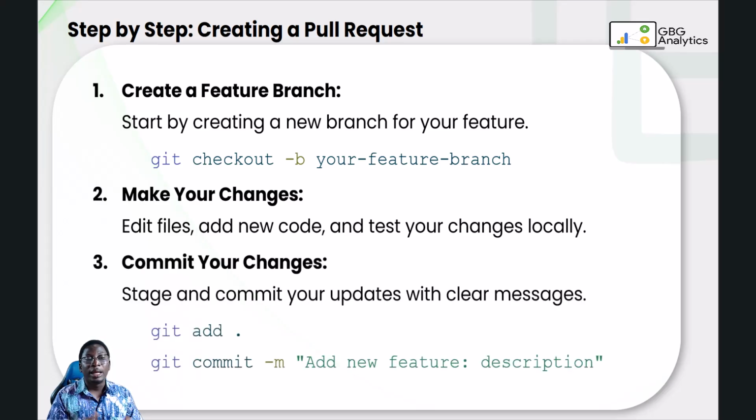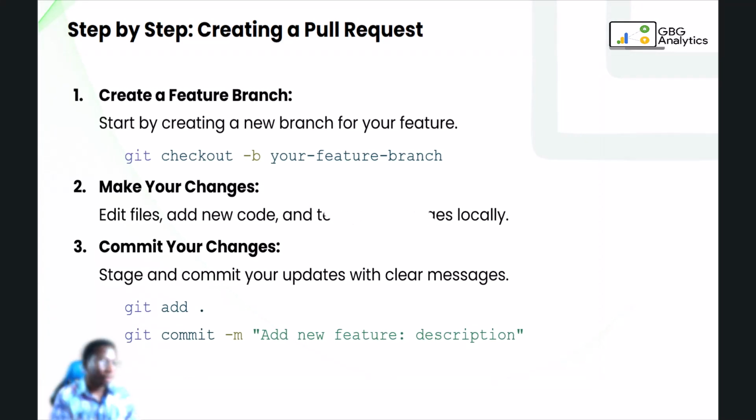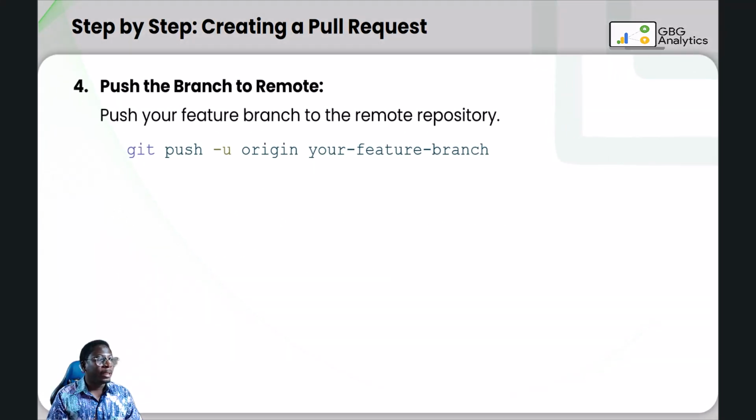After that, you commit your changes by using git add dot, and then you use git commit and then the descriptive message of your changes. After that, you push the branch to the remote by using git push -u origin and the name of your feature branch.